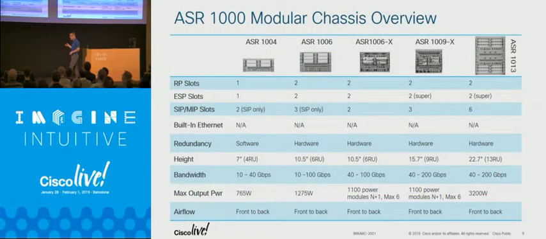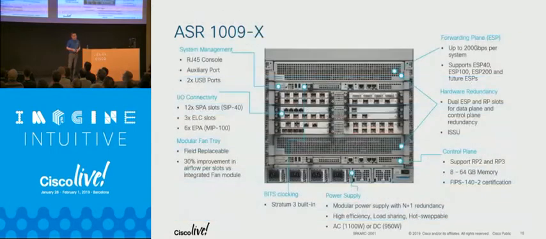So we talk about the modular chassis first, then we talk about the fixed chassis. This table gives you the overview of the modular chassis. We're going to focus on the X chassis, on what's really new. The X chassis brings two new innovations to the product.